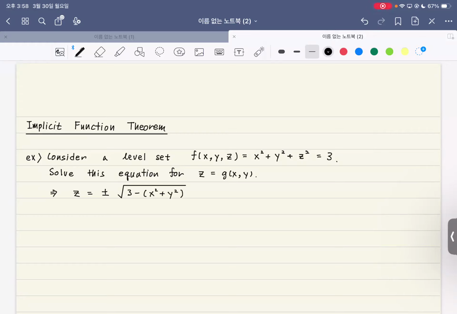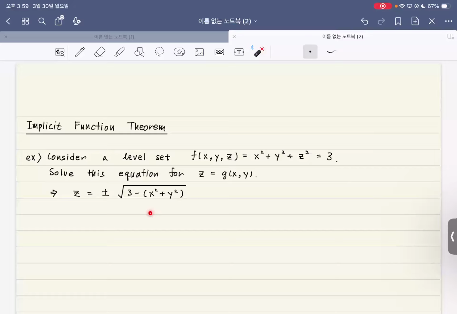This looks very nice, but it is not quite good enough for our purpose because solving any given equation for z means this is a function, right? And the right-hand side is not a function. It has a sign ambiguity. In order to be a function, for any given x and y, this number z must be well defined.